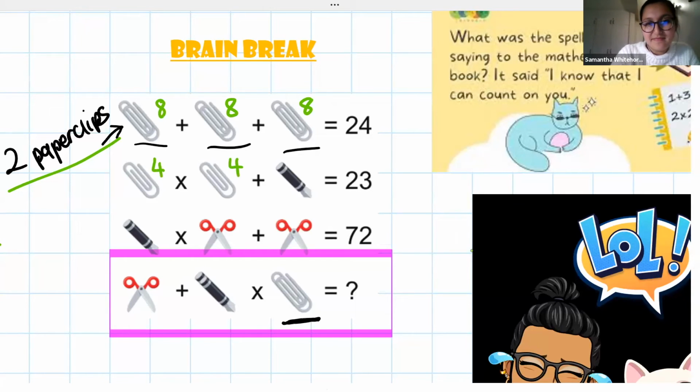Then I found out that the pens are 7, not 9. I multiplied 7 by 9 and added 9. I got 72. So that is how I got 65. Excellent. Well done, Zandile. That was perfect.